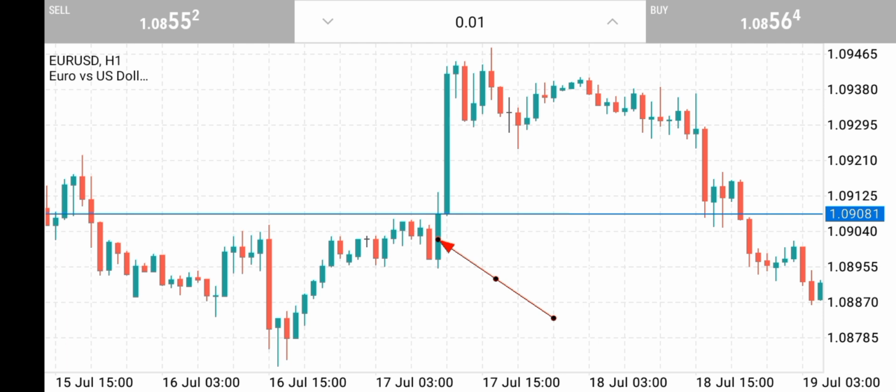As soon as you're on the chart, all you have to do is click buy and the trade will start going in your favor, or you click sell and the trade will start going in your favor.